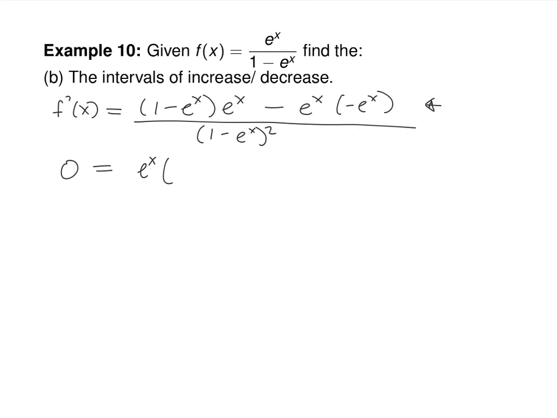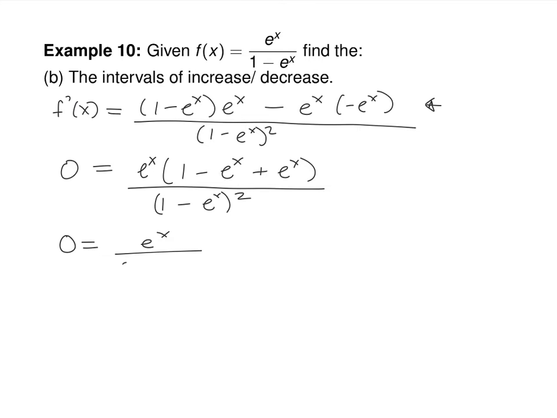So I have e to the x times 1 minus e to the x plus e to the x. I think you get this. Is that okay? So if you're solving that equal to 0, you get 0 equals e to the x, which has no solution. Does that also make sense?